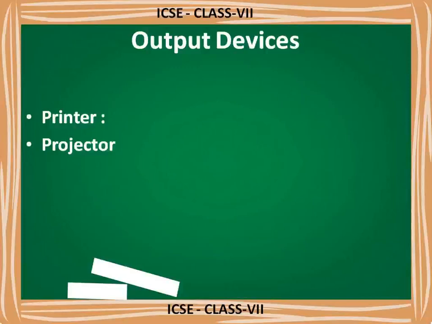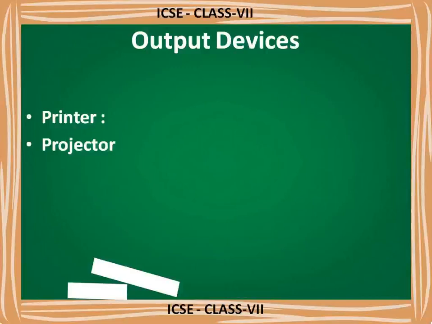Usually we use the projector in a classroom for teaching, in functions, in a meeting hall, or in cinema theaters for projecting movies. When you want an image or a video in a bigger size, you have this device, the projector.